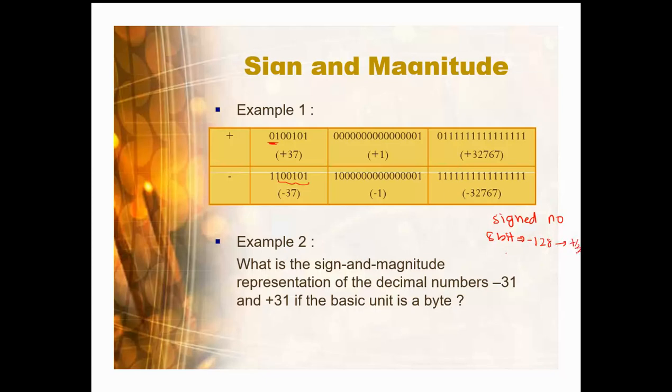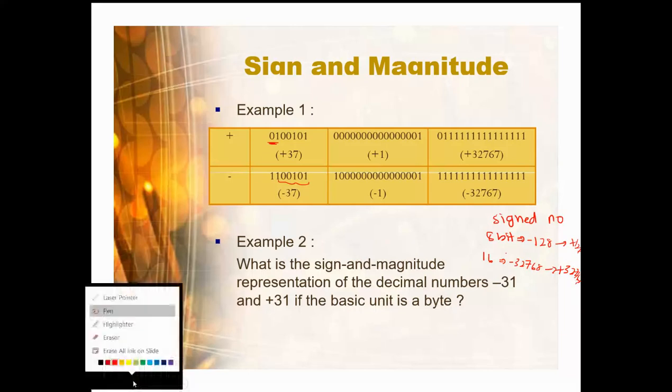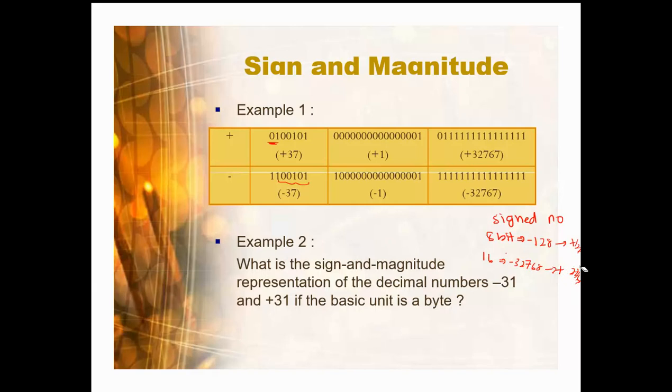See? 16 bit. Positive 3 to 7, 6, 7. Okay, dia kena kurang satu sebab dia akan buang kosong. Kejap.